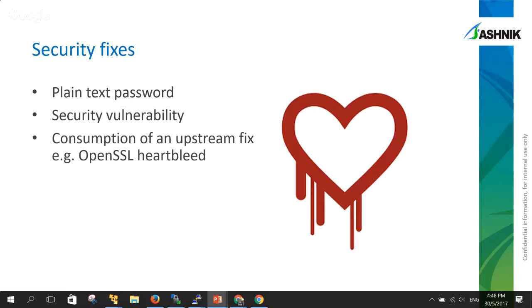If you remember the OpenSSL Heartbleed bug, as soon as the OpenSSL community came out with the fix for the Heartbleed bug, the PostgreSQL community consumed it and released a patch within the same day, which was basically consuming that new fix. So if PostgreSQL upstream components are being fixed, these minor releases will also provide a patch for that.